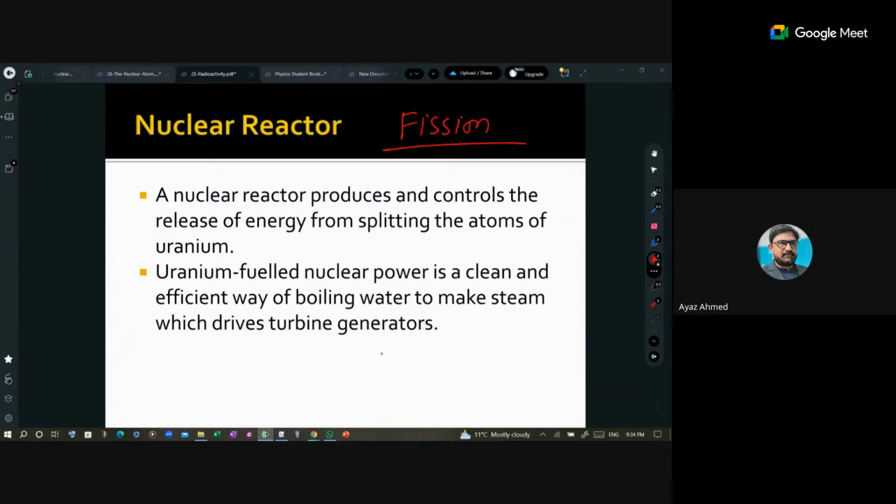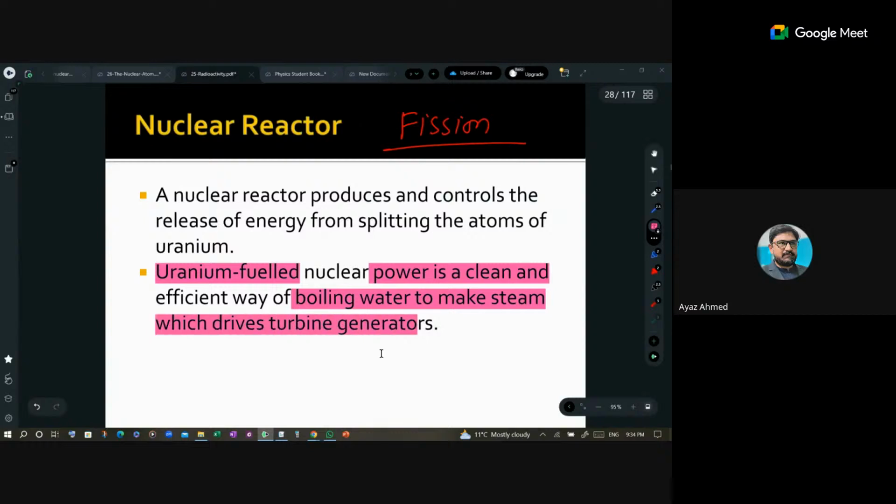A nuclear reactor is basically a setup where we perform the nuclear reaction. Uranium is used as a nuclear fuel to provide heat energy, and that heat energy is used to boil the water to make steam, which drives the turbine and generator.